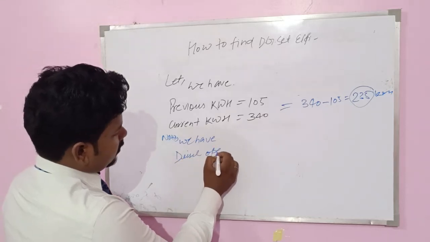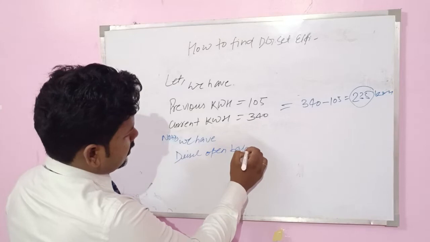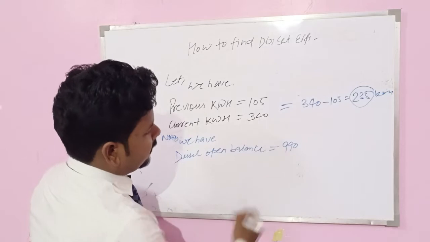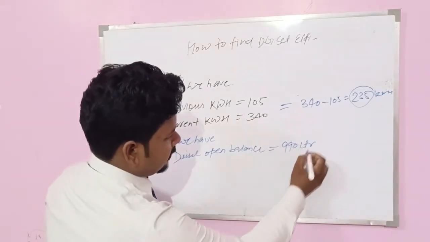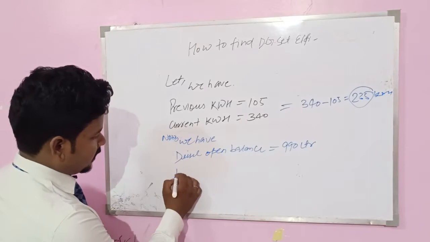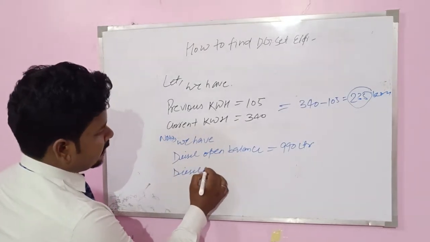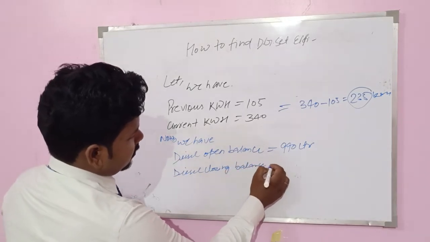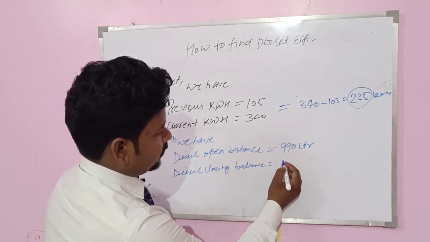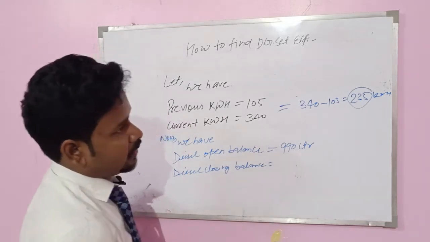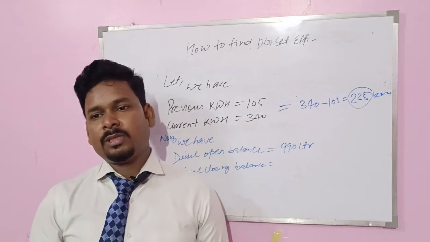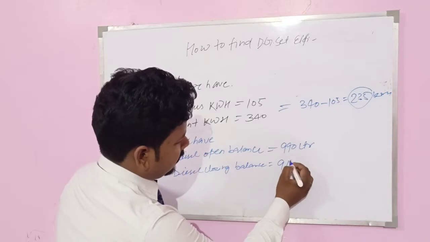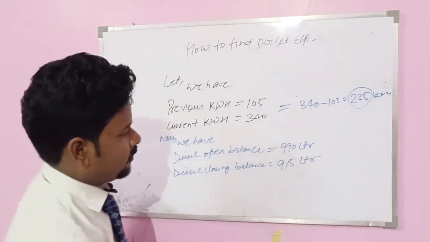Okay, and now we have diesel opening balance equal to 990 liter and diesel closing balance equal to 915.